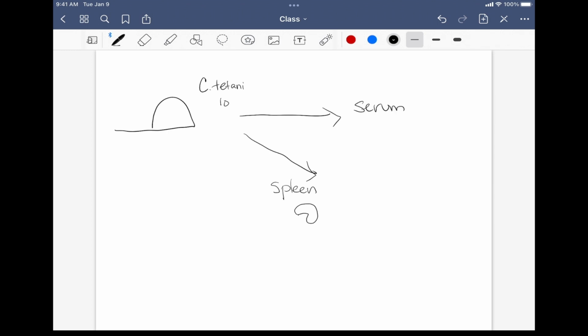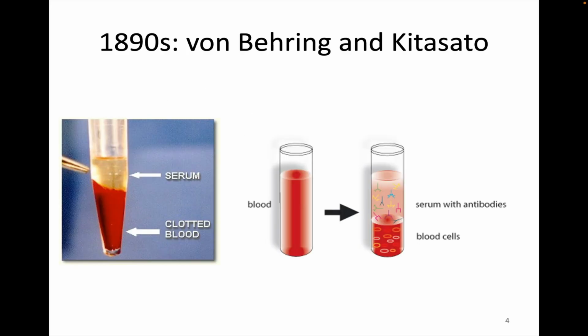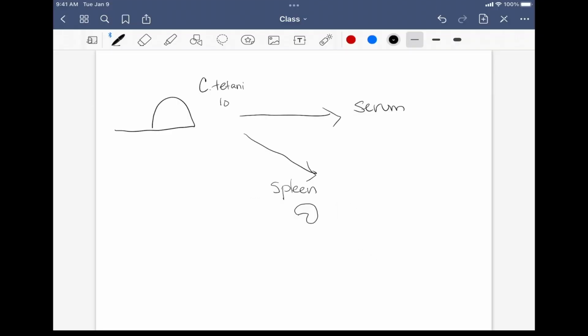Alternatively, they took the serum. The serum, as you can see here, is actually the liquid part of the blood that you can get if you let the blood clot, and you'll remove all of the cells, and you'll just end up with the liquid part of the blood, which contains all of the secreted proteins, including, as we now know, antibodies. So they separated out the serum to look to see if the liquid part of the blood had this protective factor versus the spleen to see if the cells had this protective factor.